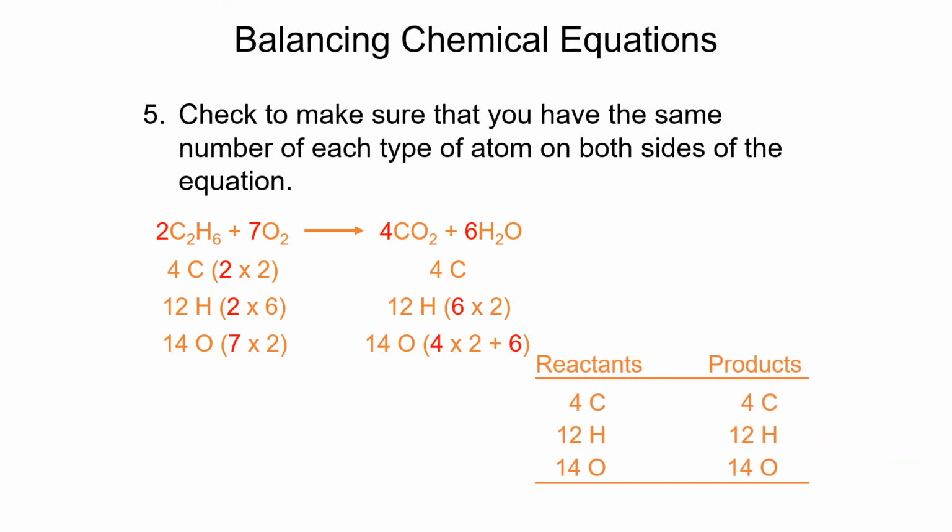So they match between reactants and products. Now we have a balanced equation. Next we're going to do some other examples, and we'll also talk about what type of reactions we are looking at. But that's it for balancing equations.